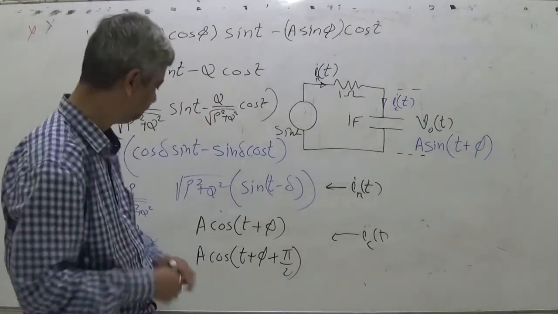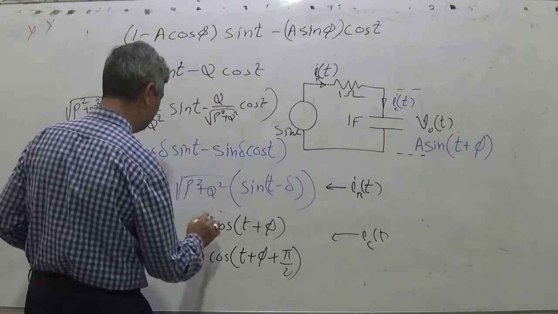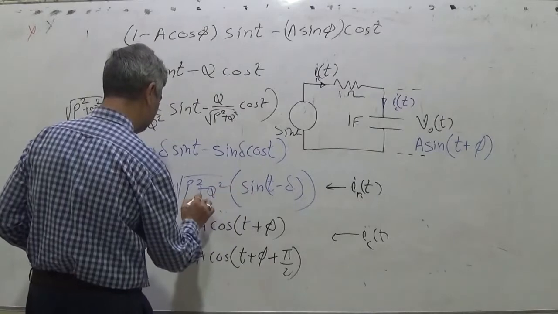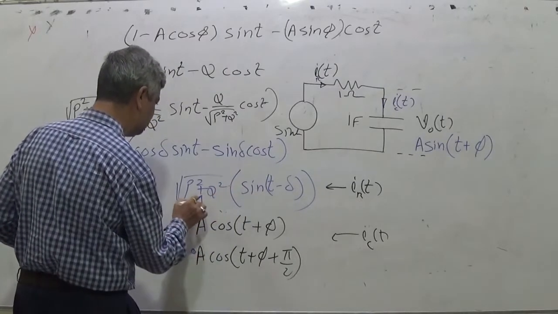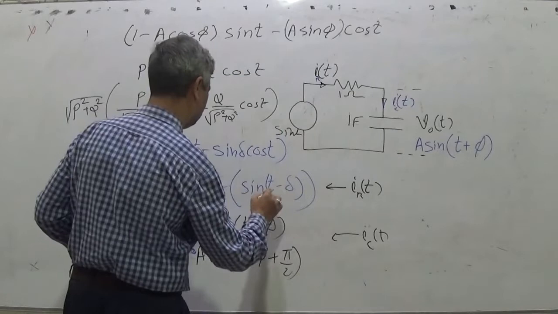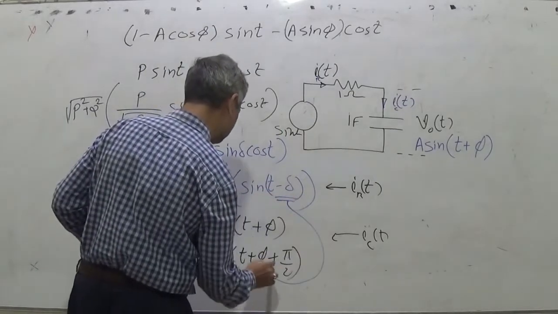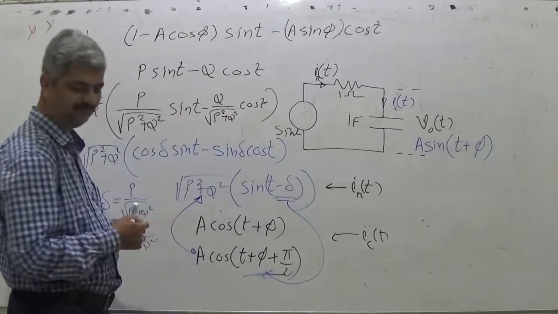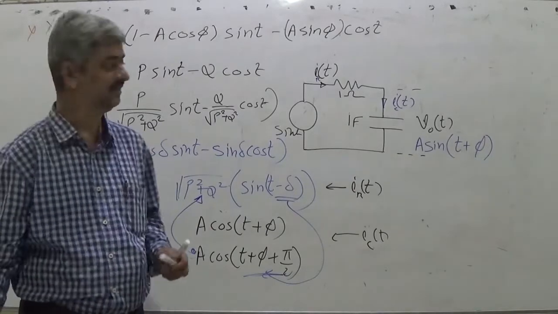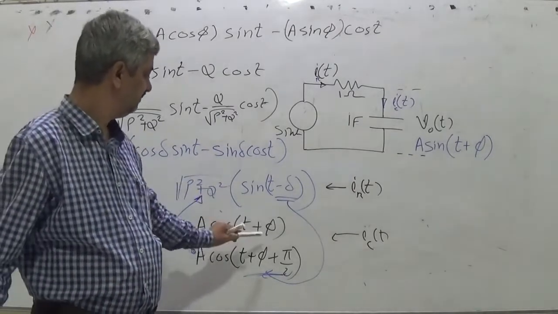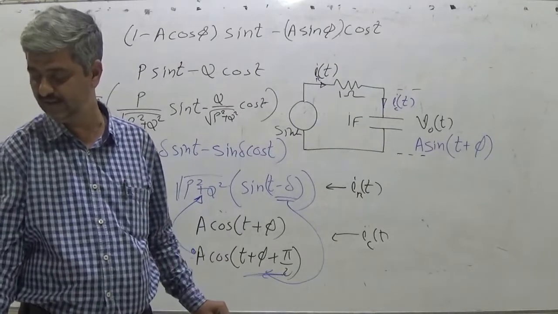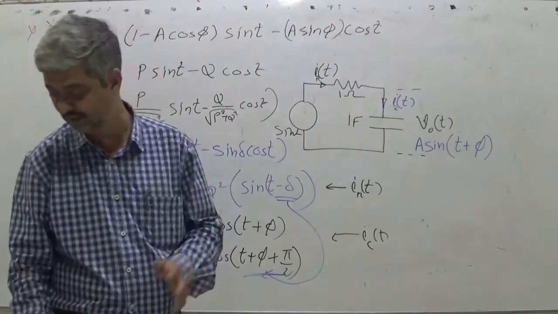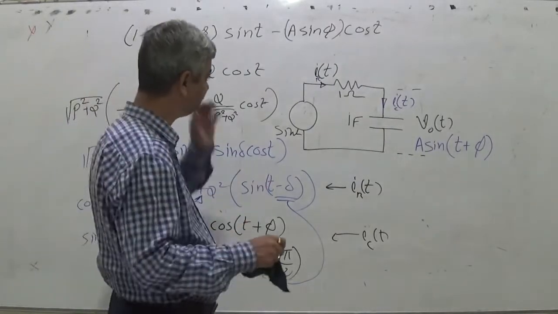Then you can equate this and this, and you can find a as well as phi, that you can very easily find.